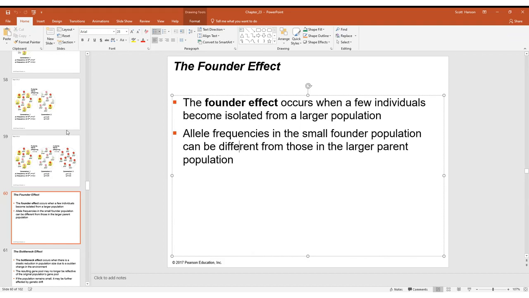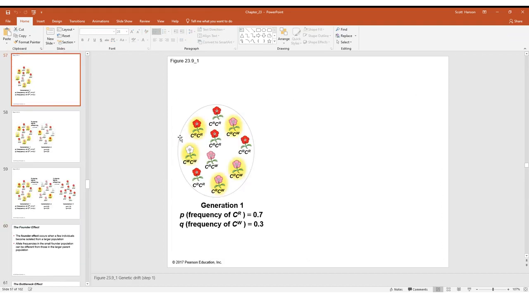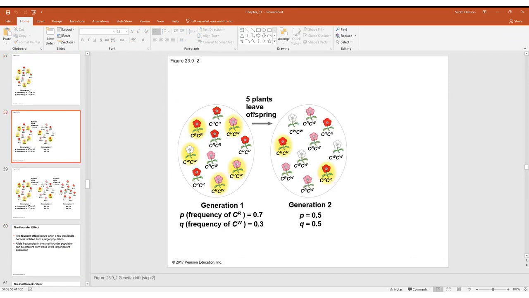And we could look back at this example of the flowers. Let's say you've got a population of flowers, and only 5 of those are the ones that are going to be the founders of the new population. Well, then the new population that's founded separate from this population is going to have a very different allele frequency compared to this population.